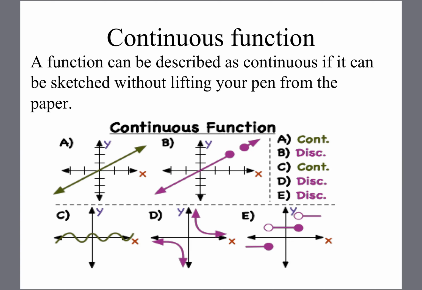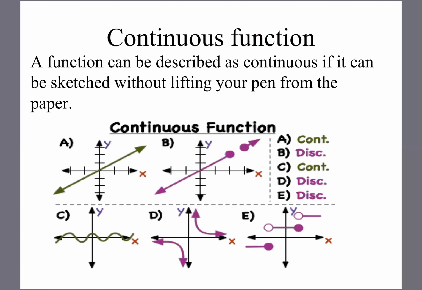That means when we draw the function, if I can draw it this way, it's a continuous function. But if I draw my function this way, and then my function starts here likewise, that means in between there is a space. Therefore, this is not a continuous function.